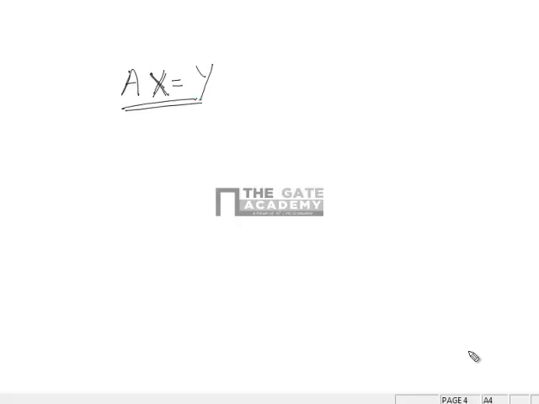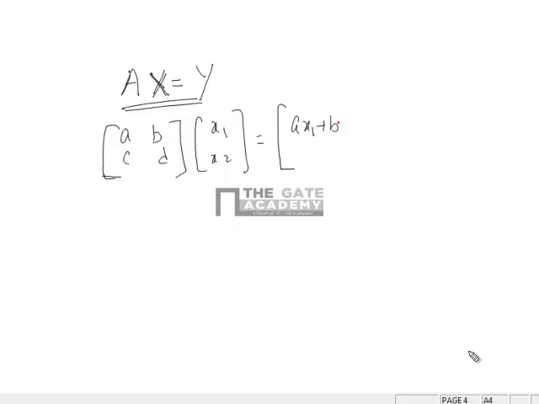So let us take for example, A is a system matrix, A, B, C, D. I have an input x1, x2. So what is y? Y is nothing but Ax1 plus Bx2. Correct? And what is this?